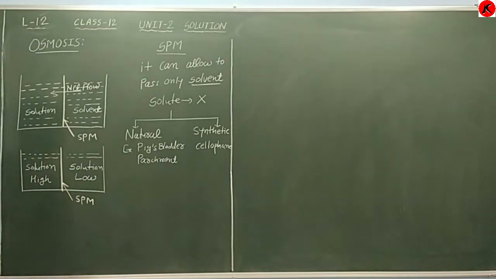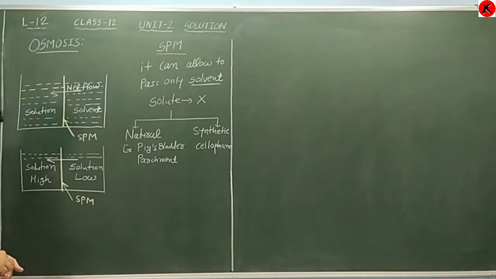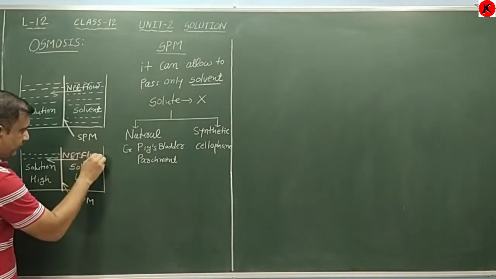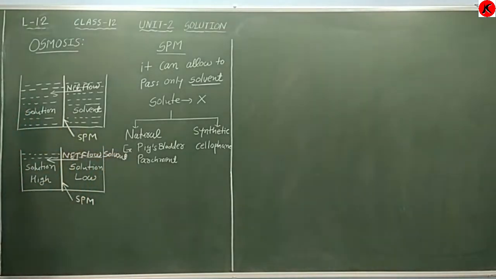Now when two solutions are separated by SPM, remember always solvent molecules will pass. That means spontaneous net flow of solvent molecules will start from the solution having lower concentration to the one having higher concentration, because solute molecules do not pass through SPM.